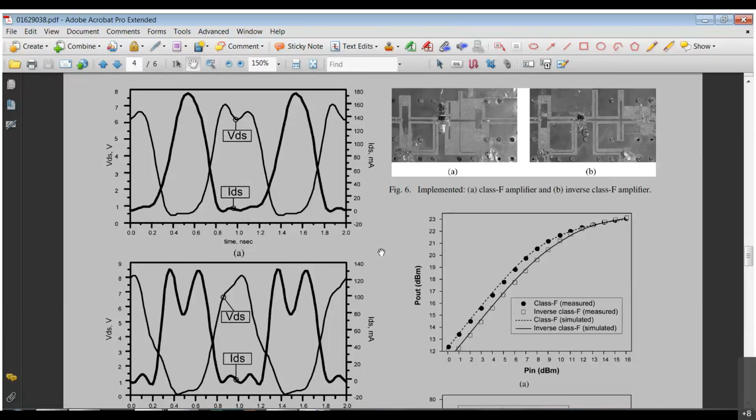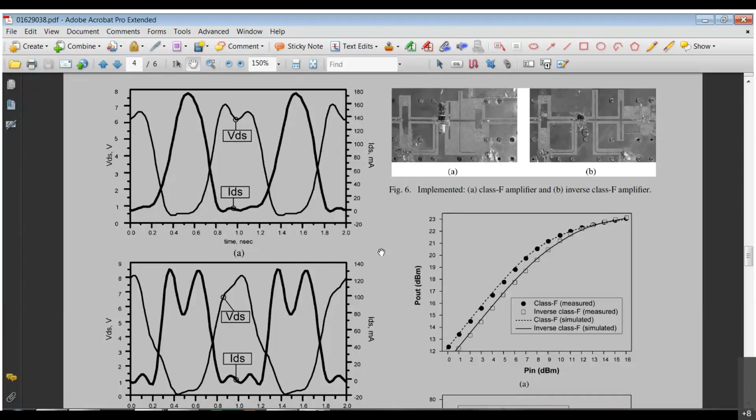And the input condition, when someone wants to convert say class B into class F, is going to be larger than that of the class B. So here in this case, the transistor, you can say, acts quite close to a switch with some property of a voltage source.